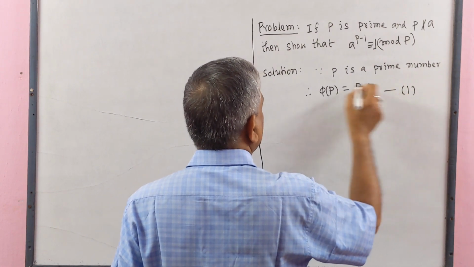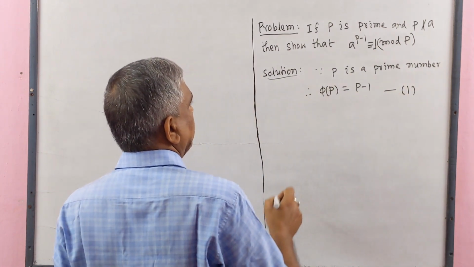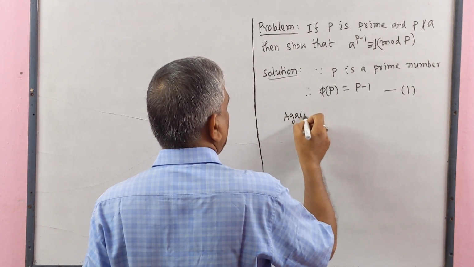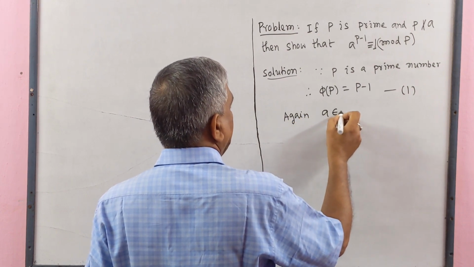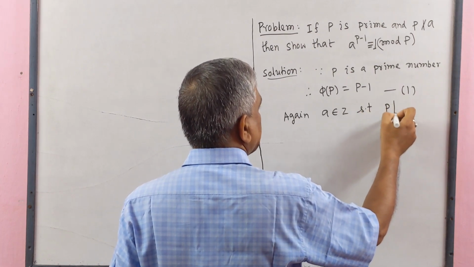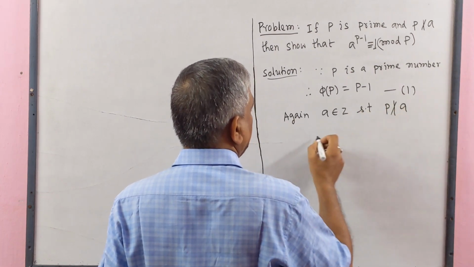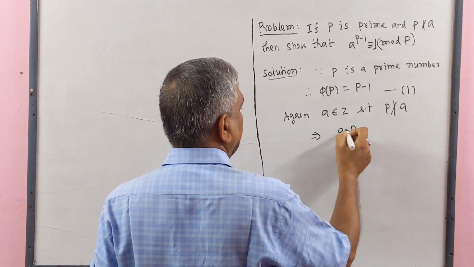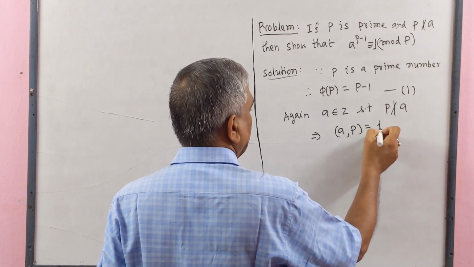This is number 1. Again, A is an integer such that P does not divide A, which implies that GCD of A and P equal to 1.